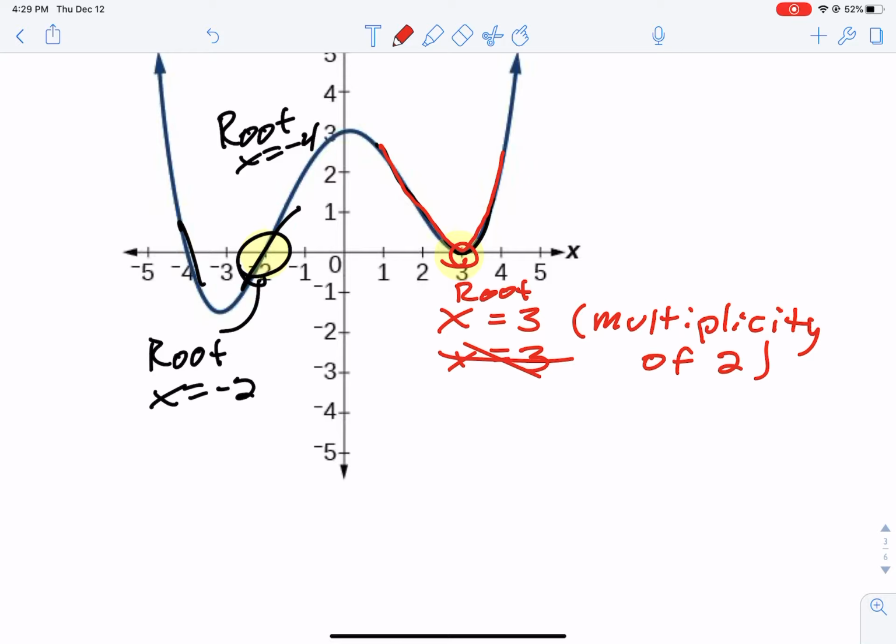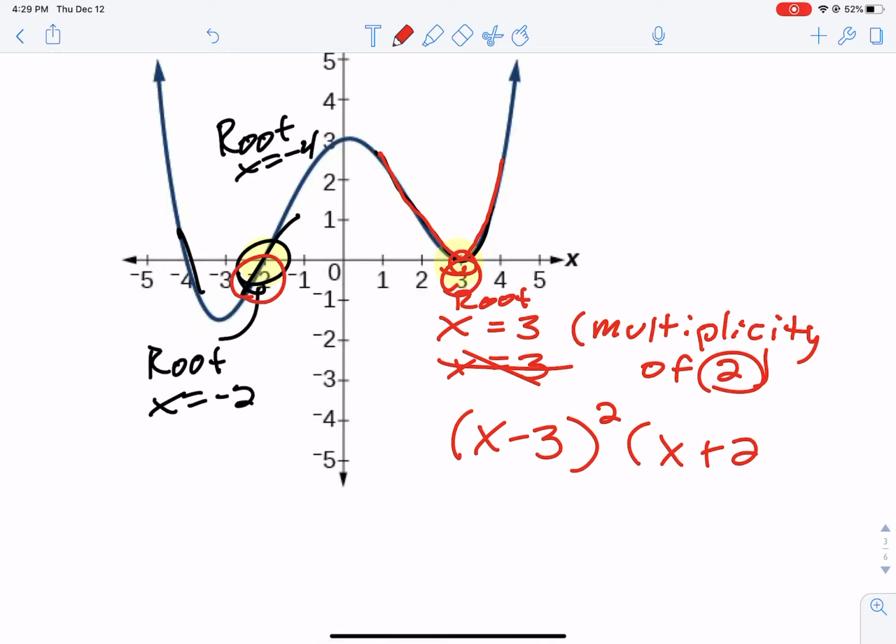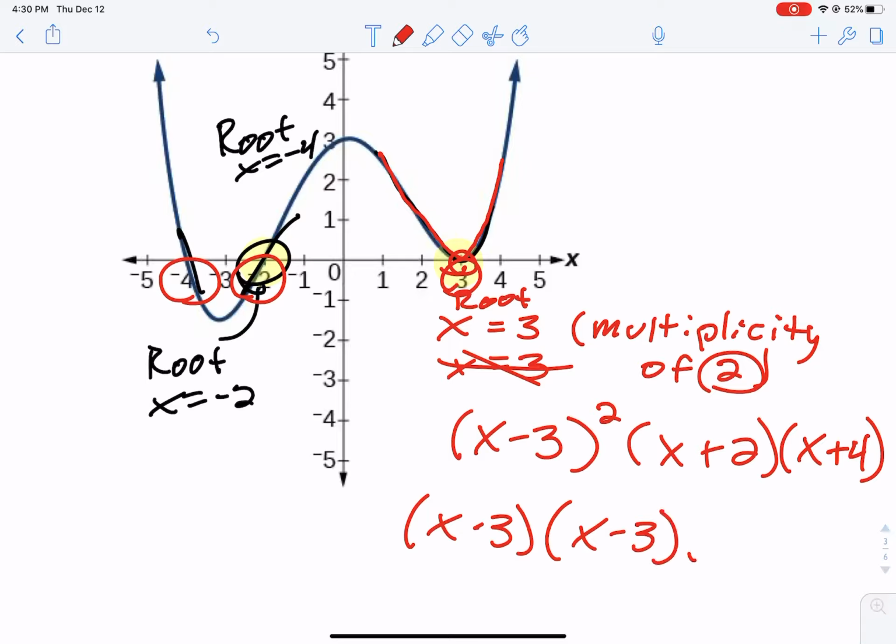So if we were to put this in factored form, this would be x minus 3, because it's the opposite of positive 3, squared, because the multiplicity of 2. And then we'd have an x plus 2, because the opposite of -2. And then we'd have an x plus 4. So if I were to FOIL this out, I'd have to do x minus 3 times x minus 3 times x plus 2. I'd have to do a lot of foiling.